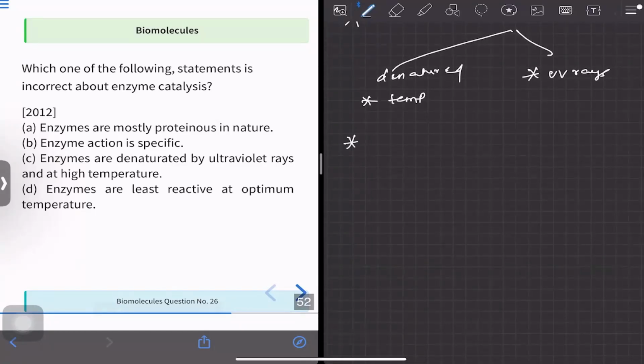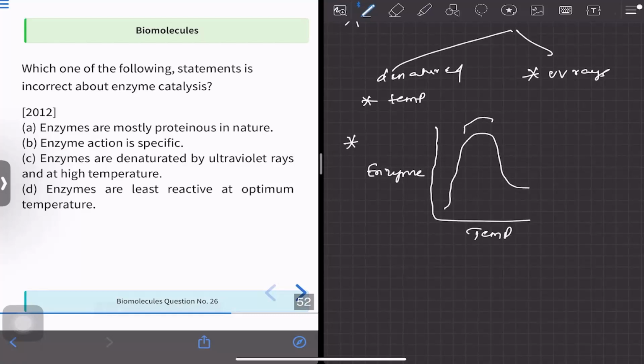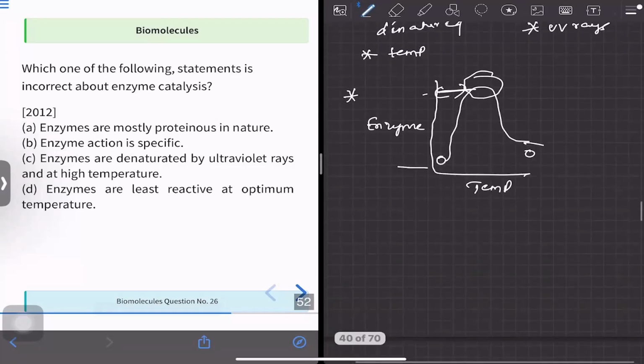Next, option D. Enzymes are least reactive at optimum temperature. See, this is wrong. We all know this is the graph between enzyme activity and temperature. This is the optimum temperature where enzyme action is maximum. At low temperature, enzyme action is very low. Even at high temperature, enzyme action is low.